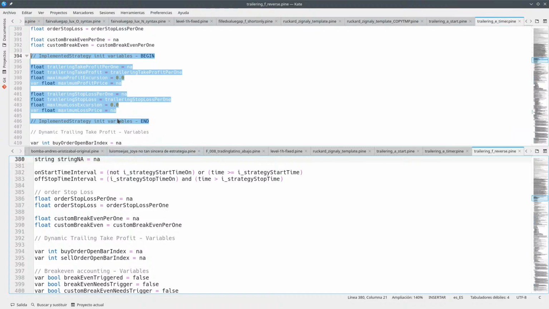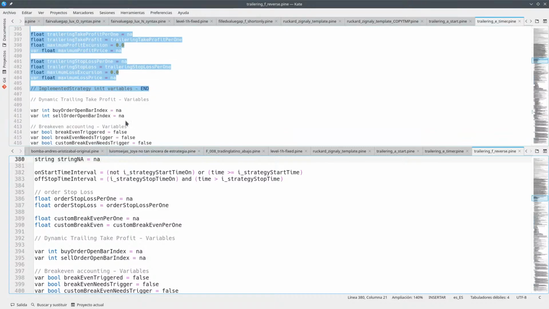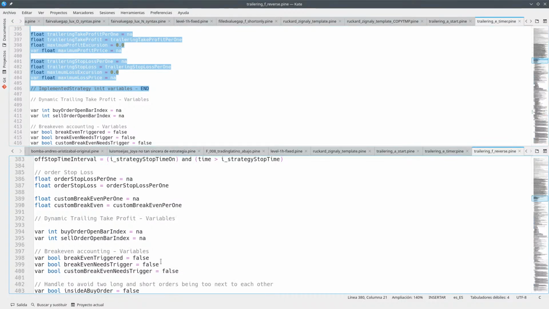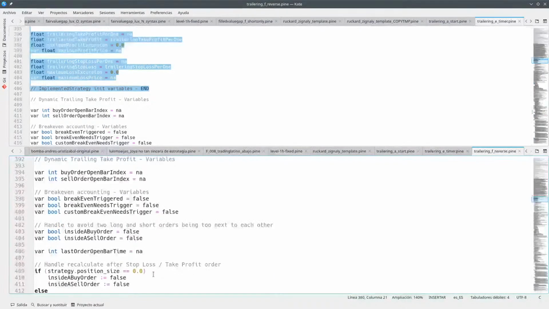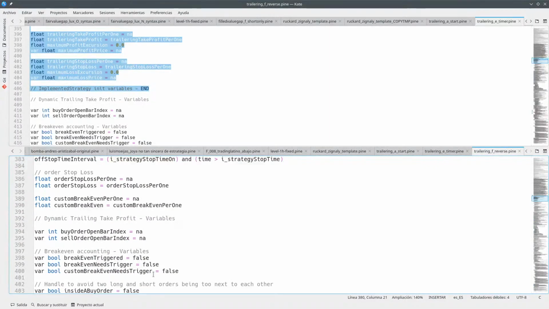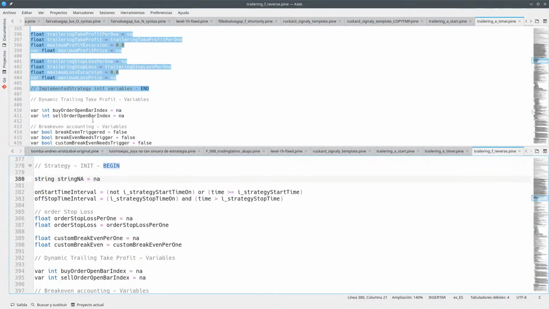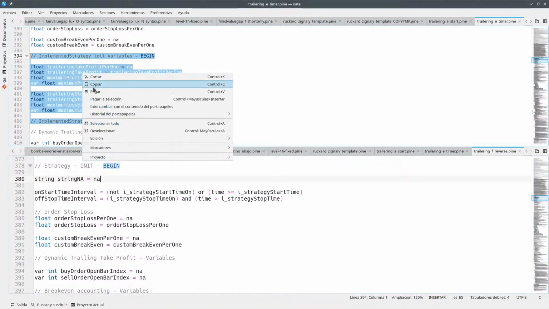Dynamic take profit. What the hell are these dynamic trailing take profit variables? Okay, well, I don't want to know.